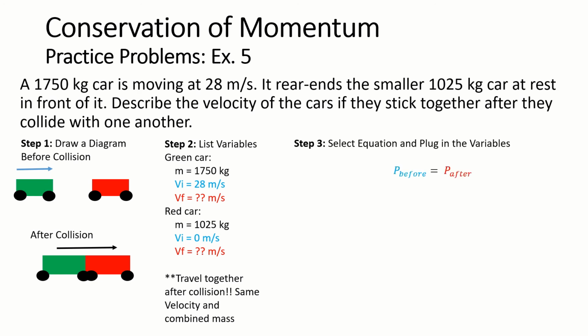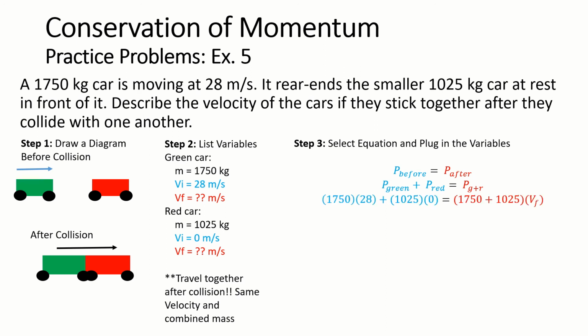It's still the same starting equation. Momentum before is equal to momentum after. And before, we've got the green car and the red car moving separately, independently, which is why I separate them by a plus sign, right? That addition sign. They're moving independently. After they collide, notice I took G and R for green and red, and I just made it a subscript. They move together with one combined momentum.